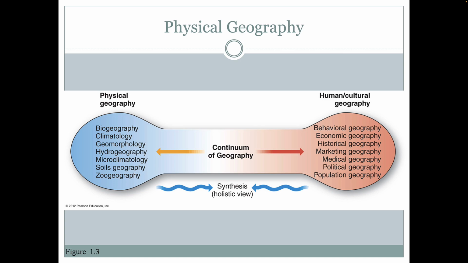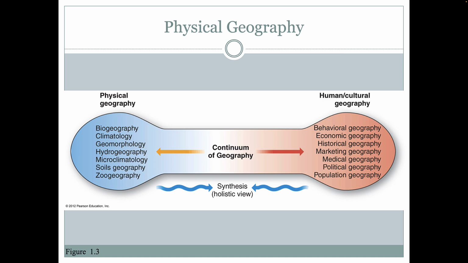And sometimes their interactions are very much based on where they are on the Earth. One example would be population geography, where in some countries or parts of the world, people have more babies and the population is increasing, whereas in other parts of the world, the population is decreasing. And one of the great things about geography is that it's a continuum between these two, that we can look at how these things interact.